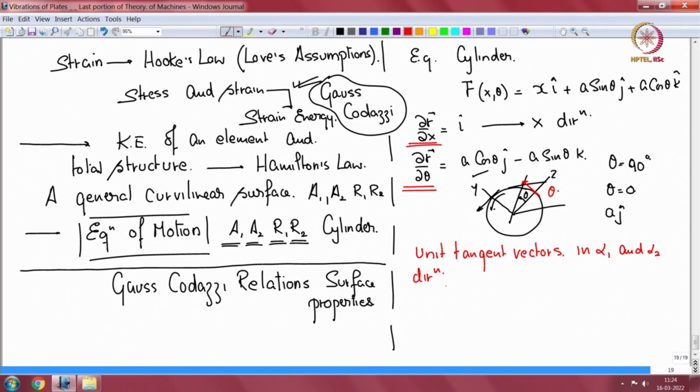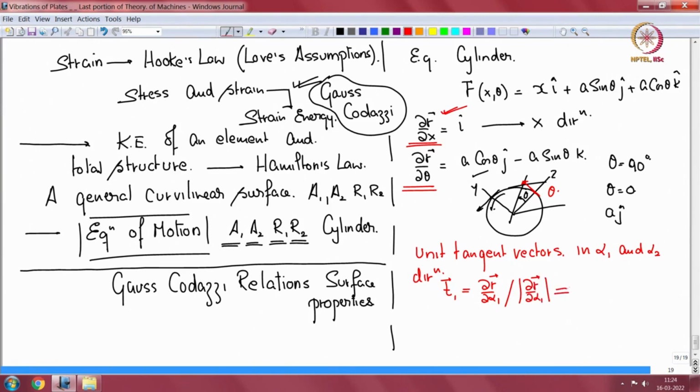What are they? We will call them T1 in the alpha 1 direction, which is now del r by del alpha 1. This will be in the alpha 1 direction according to this logic, del r del alpha 1 divided by the magnitude, okay.